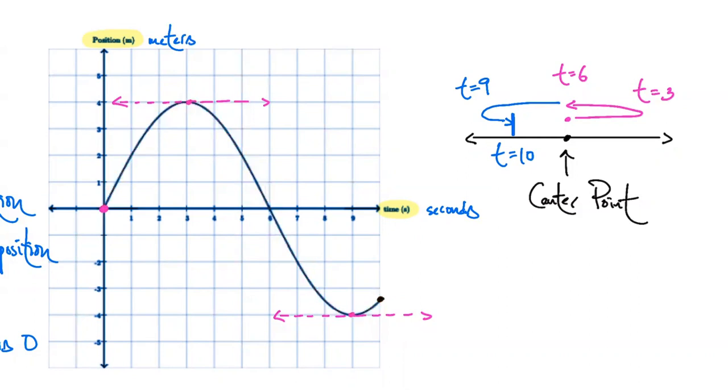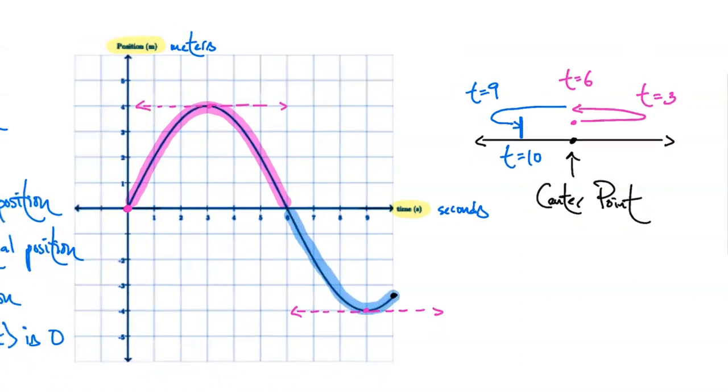Okay. But we can see that everything that is in the pink, well, that corresponds to these positive Y values. And everything in the blue, that corresponds to these negative Y values.